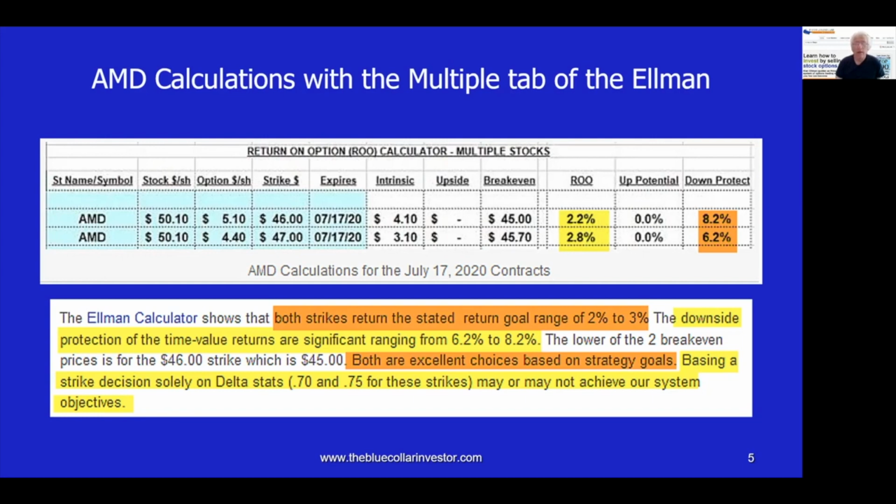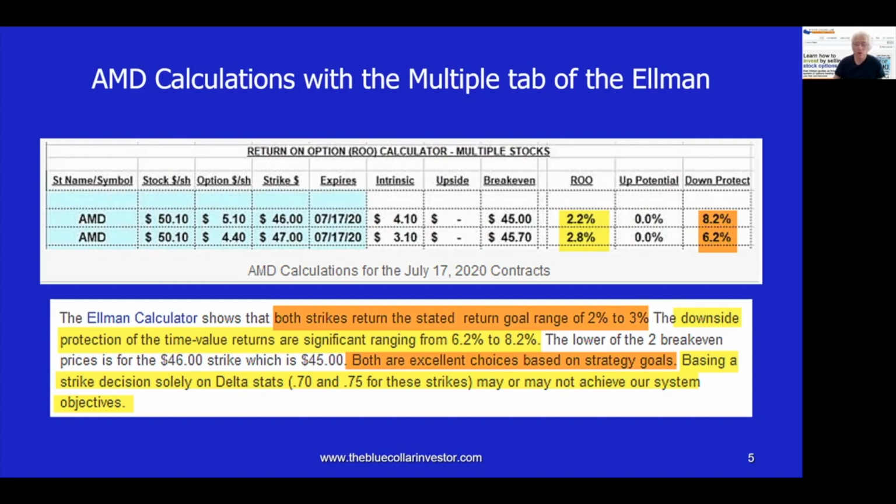Which is better? It depends on your strategy goals. So we can't say the 70 delta was better or the 75 delta was better. We say based on the returns that we're seeking or the downside protection that we're seeking, that particular delta will then be the appropriate one for us. Now, frequently, covered call writers will write out of the money strikes.